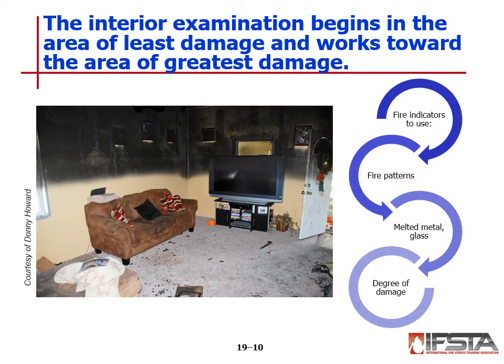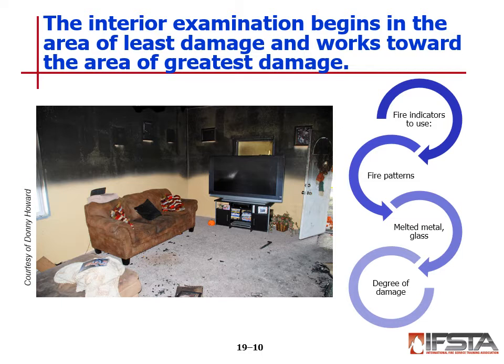All right, so as you go through the interior, usually start in the area of least damage and work towards the area of greatest damage. Again, some of the indicators that you're going to be looking at are fire patterns. The photo on this slide shows more smoke damage and heat damage than fire damage. There are no obvious fire patterns per se in that photo, but there could be fire patterns, especially against the wall.